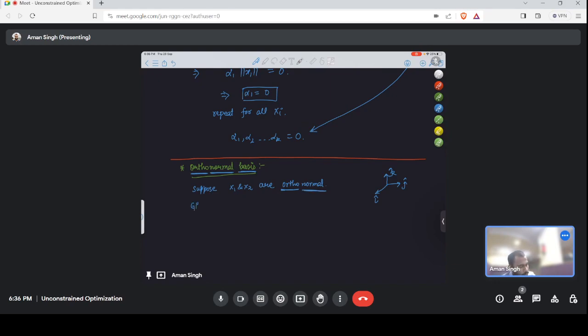So given any vector x, we can write it as x transpose x1, and x1 and x2 also span the whole vector space. Any vector x belonging to S, we can write as x transpose x1 times x1 plus x transpose x2 times x2.